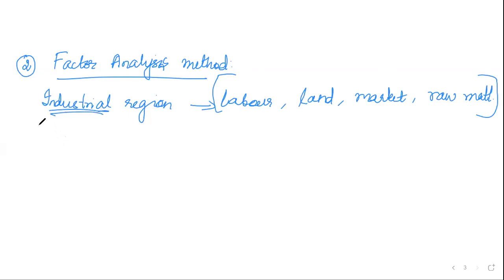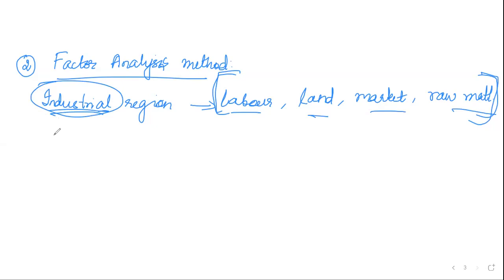If I'm talking about industrial region delimitation, these are my factors. So I will plot all the factors which are directly, that's the important word, directly associated with any criteria, with any phenomenon that I'm talking about.